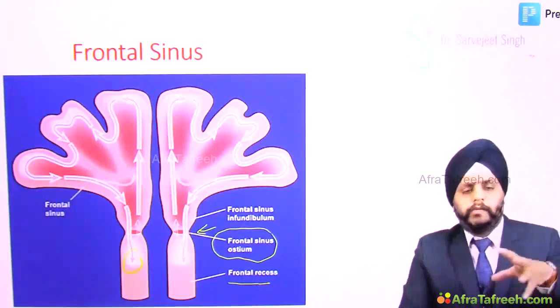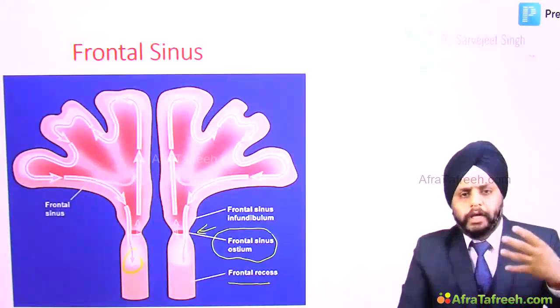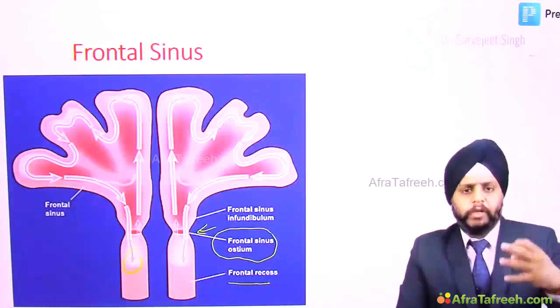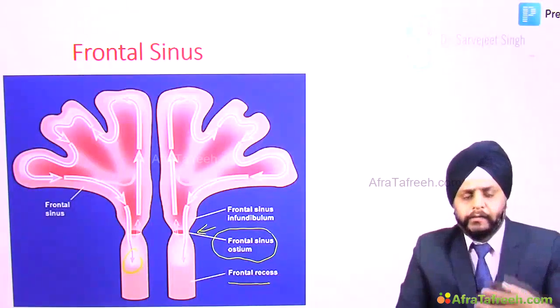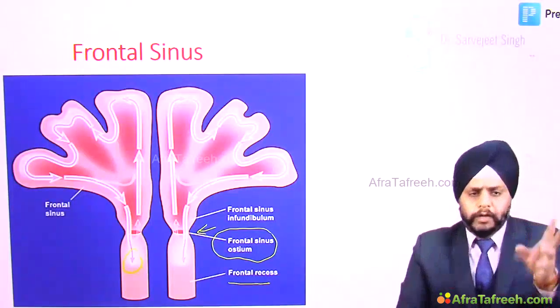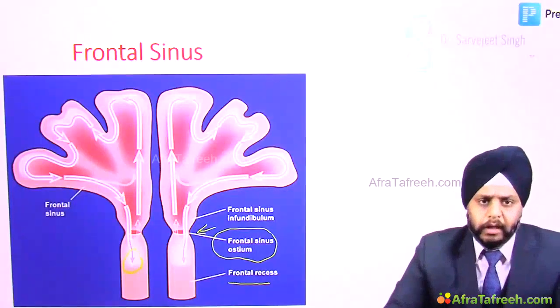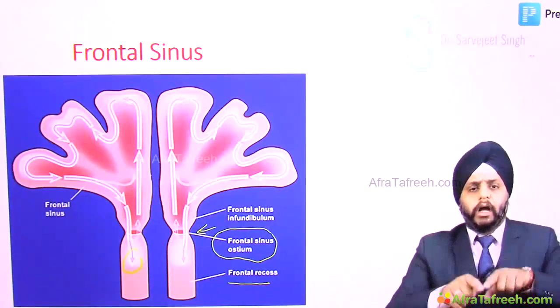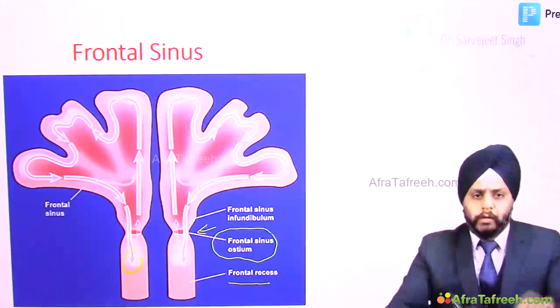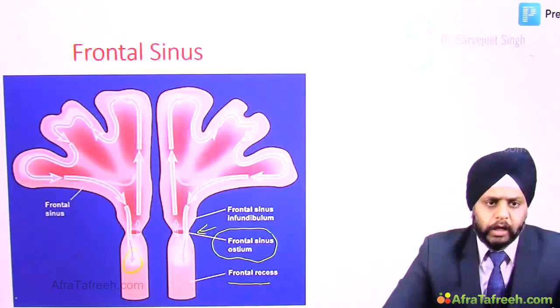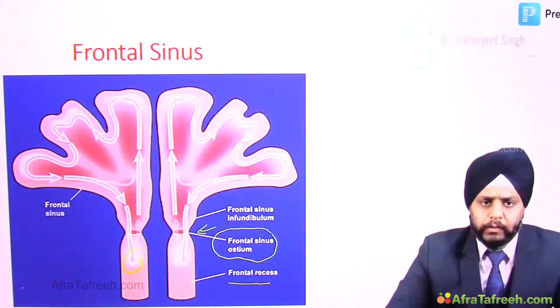As you can see in the frontal sinus, we have the mucosa. The mucosa has the cilia, and the cilia beat and move the mucus. So you can see that these cilia are moving in this way, rotating the secretions.